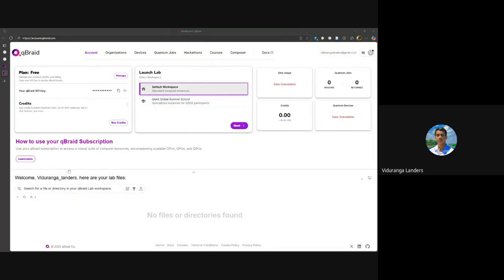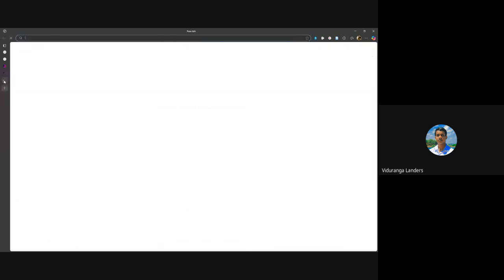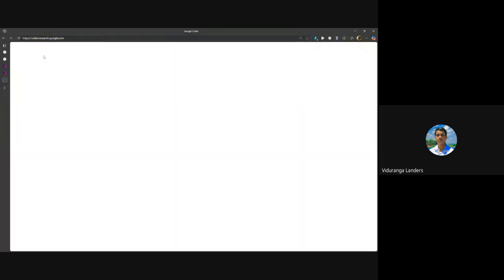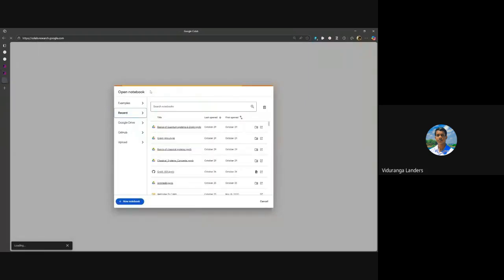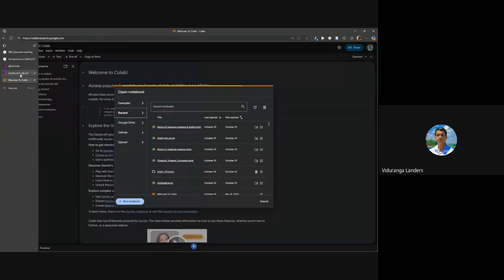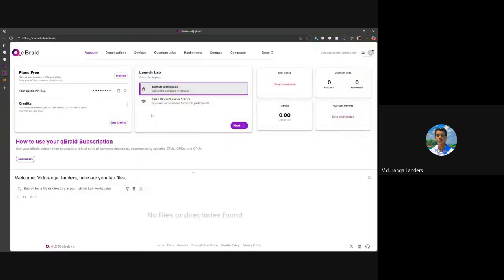So this is the platform that I am using for today's session. You don't have to use this. You can stick with Colab. That's totally fine. The only thing is, if you are going with Colab, you will have to install the Qiskit and quantum libraries. Here, most of the time, those are pre-installed.